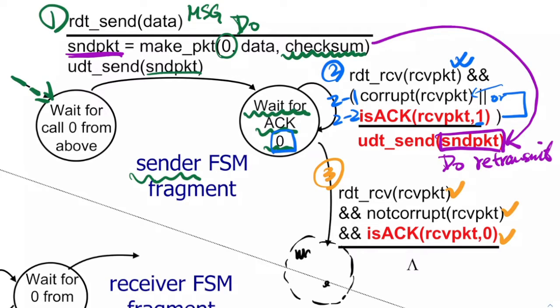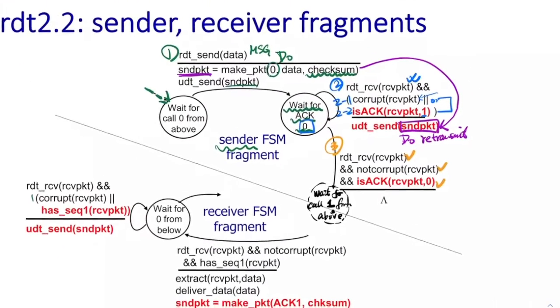So that is wait for call 1 from above. Actually it has 4 states, but they are symmetric. As long as you comprehend what is going on in steps 1, 2, 3, then the other side just changes the sequence number. Okay, so that is the sender's finite state machine.